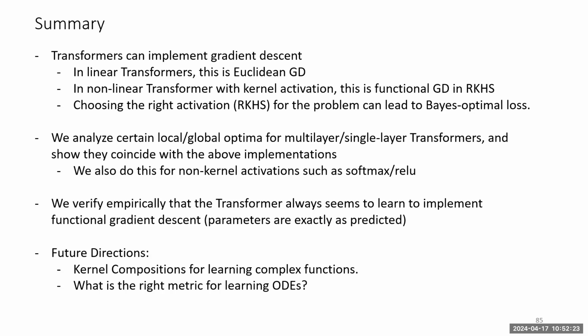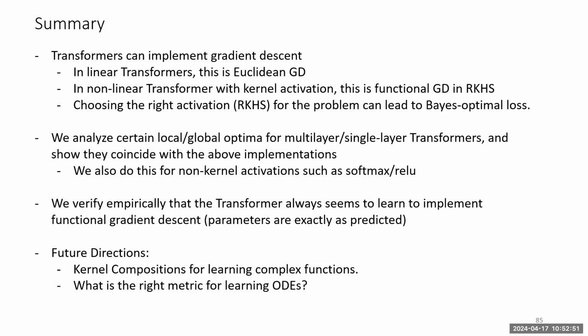We also analyze certain local and global optima for multi-layer and single-layer transformers, and we show that they coincide with the above implementations. Specifically, for this characterization, we can also establish it for nonlinear activations like softmax and ReLU. And we empirically verify that the transformer always seems to learn and implement functional gradient descent, and we verify this on the level of parameters.